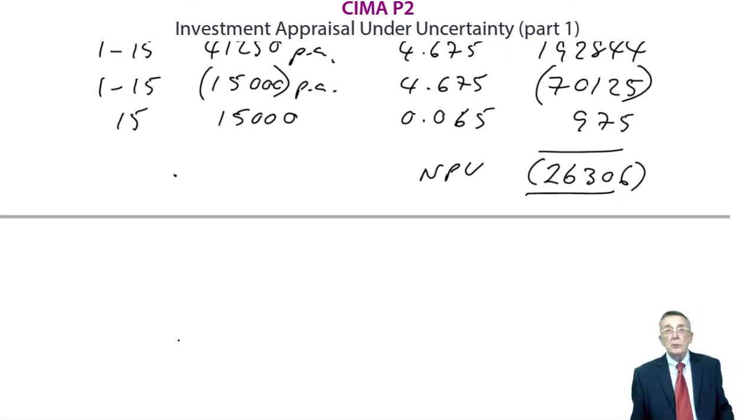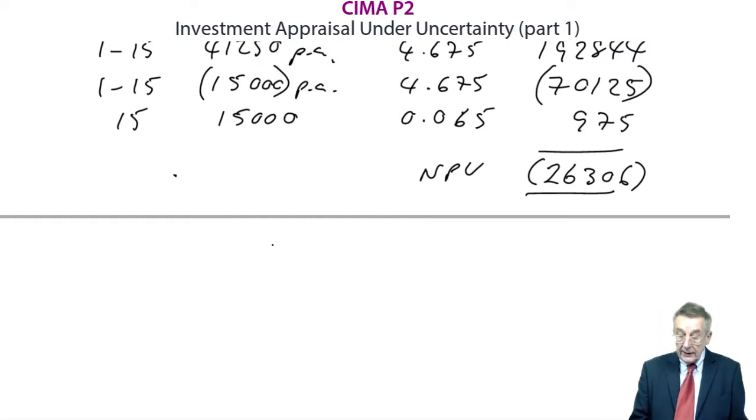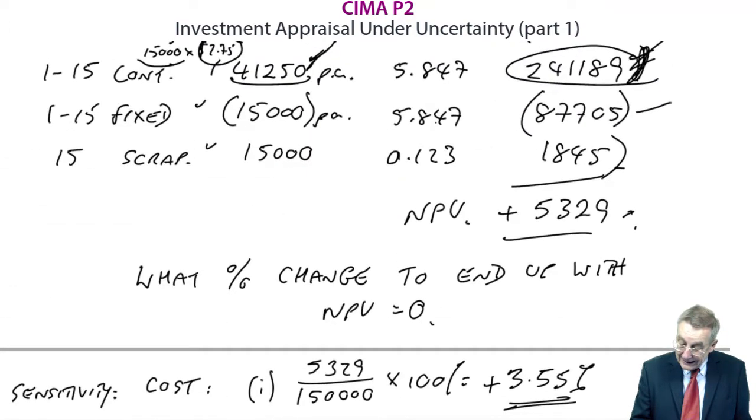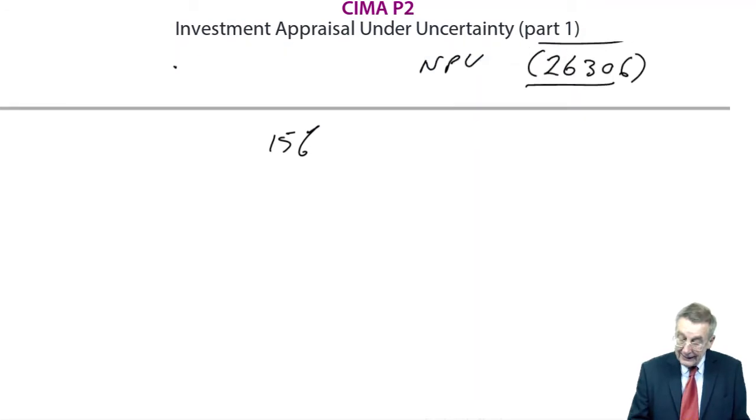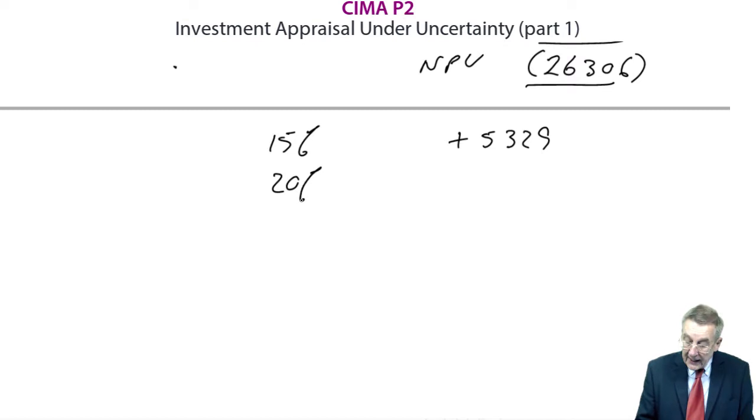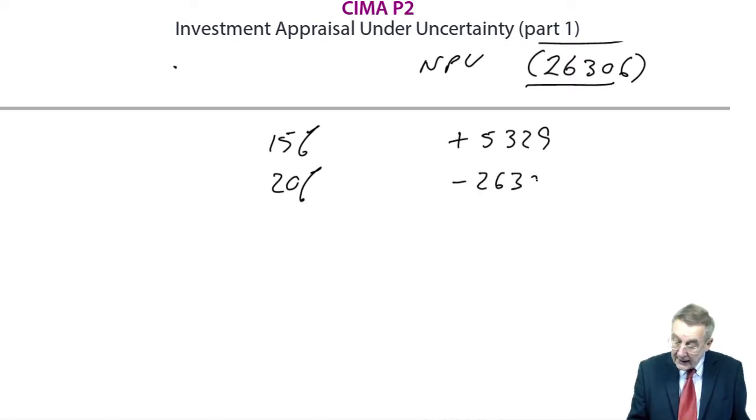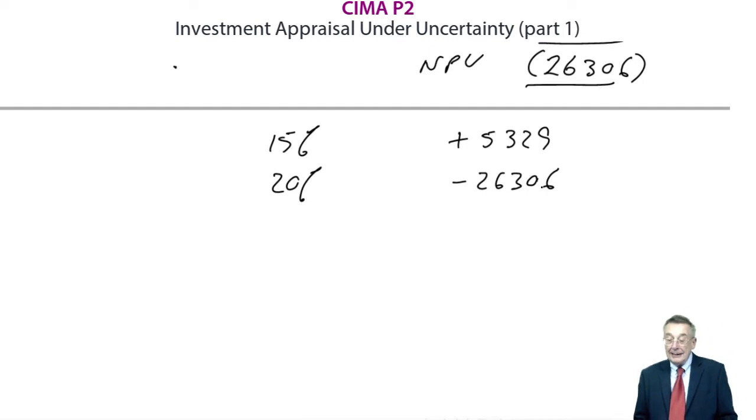The IRR, well, I spent enough time earlier showing how we calculate it. If you want to learn the formula, do. I'll do it the way I always do, though. I don't like learning formulae. At 15%, the NPV was 5,329 positive. At 20%, our second guess, it was 26,306 negative.